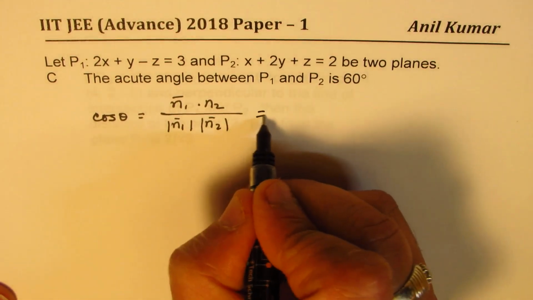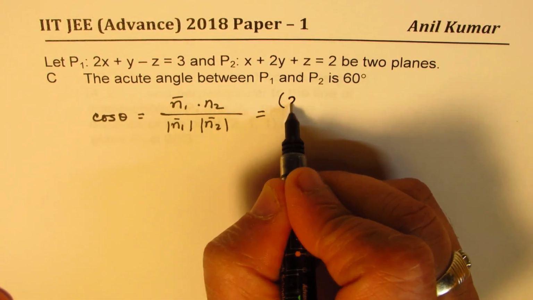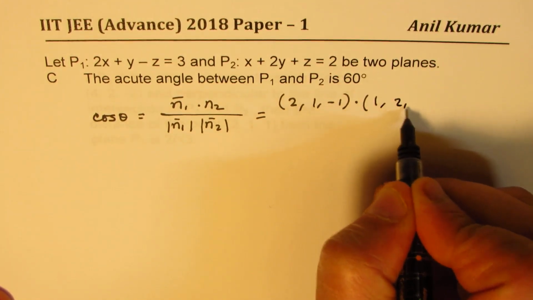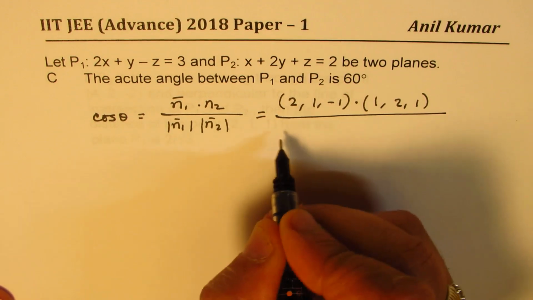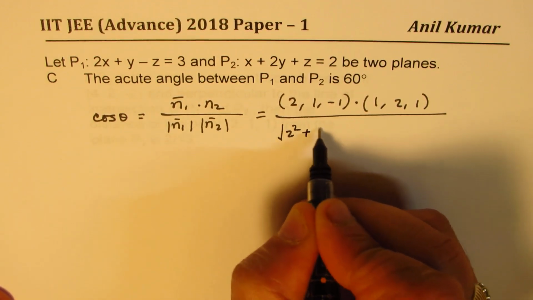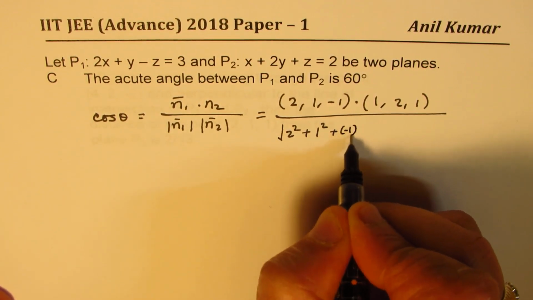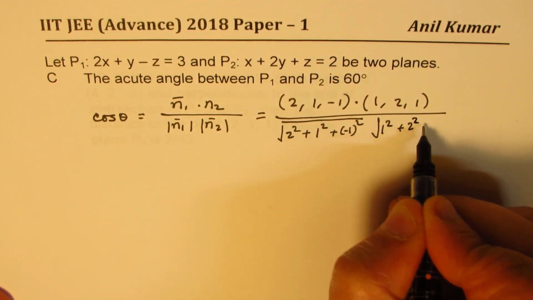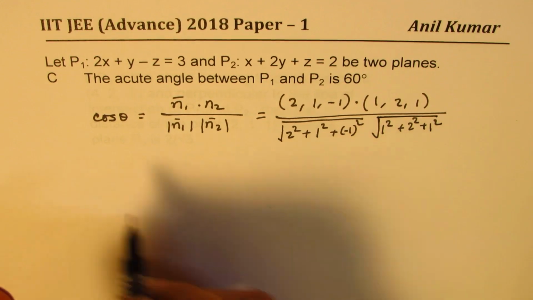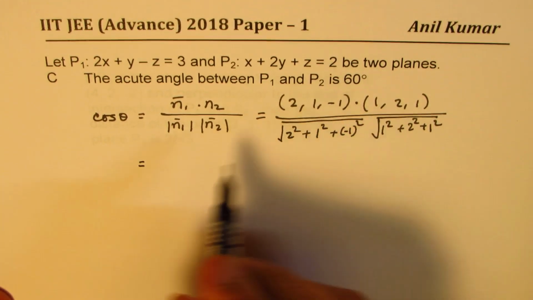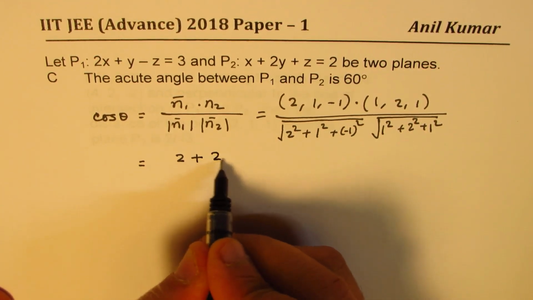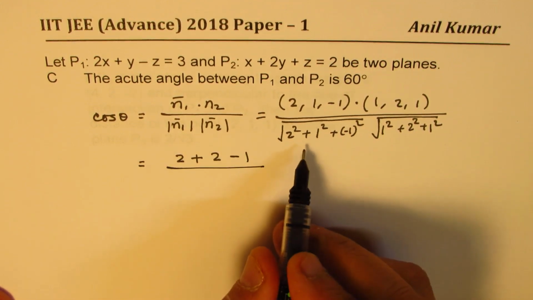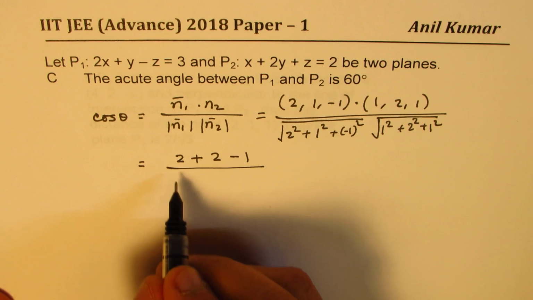Okay, so the vectors are (2, 1, minus 1) dot (1, 2, 1) over square root of (2 square plus 1 square plus minus 1 square) times square root of (1 square plus 2 square plus 1 square). So that gives you, we get 2 plus 2 and that minus 1 divided by 4 plus 1, 5, plus 1, 6.